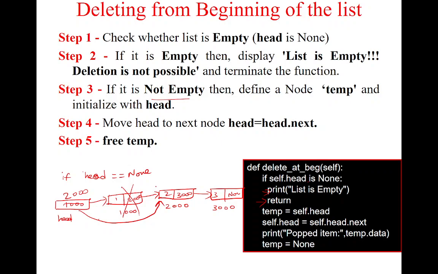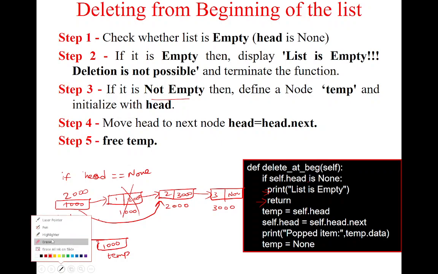Okay, am I right? So we are going to use the temp over here. Temporarily one node we are going to create. The temp is having the head value. What is the head value? 1000. Okay, I will delete this one because you may get confused. So initially it is having 1000.